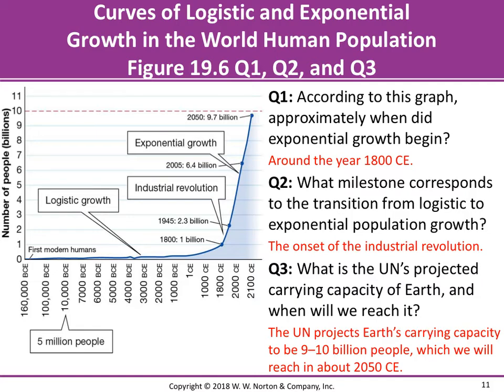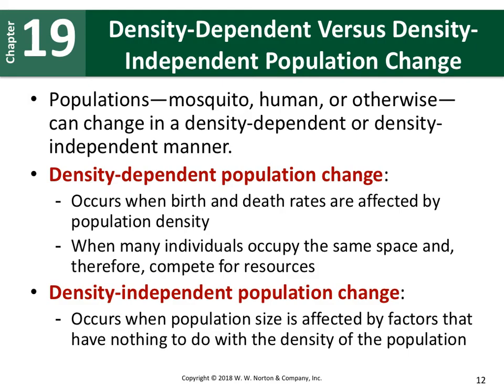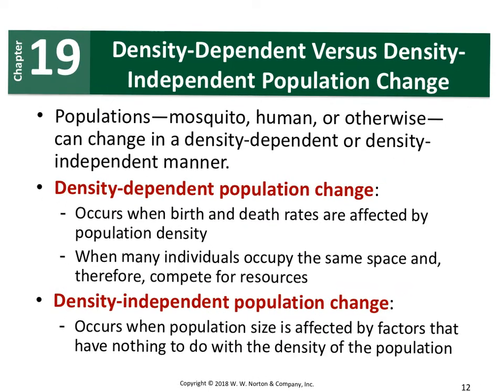And then finally, there are certain limits, things that limit a population. They're called density dependent. In other words, the higher the density, the slower the growth, or even growth stopping or going negative.